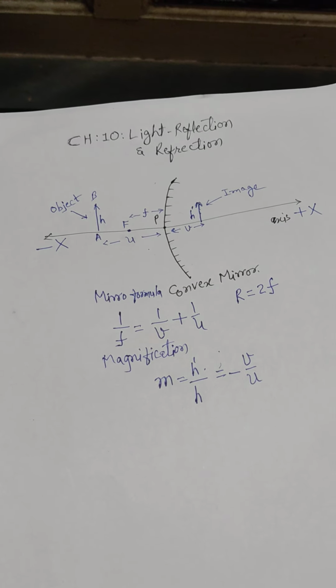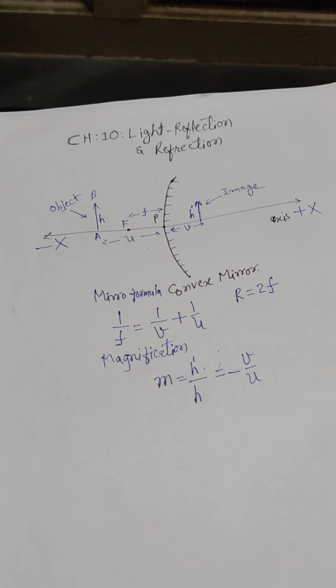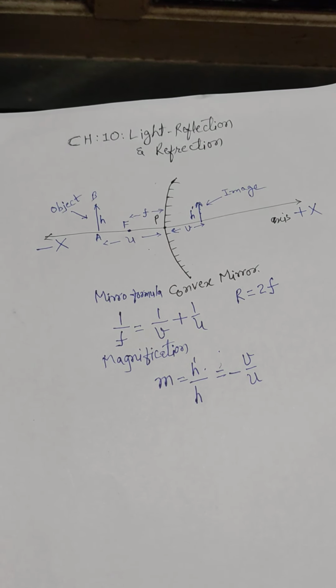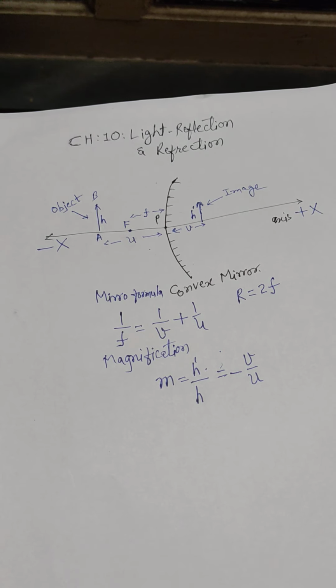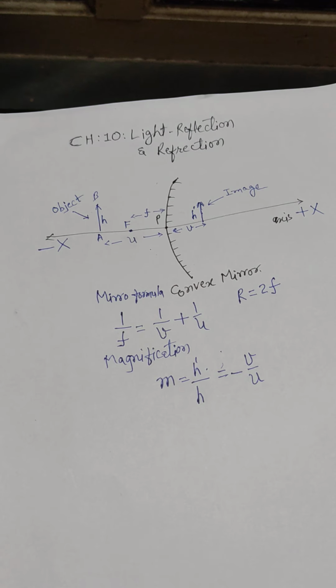Right? I remind you that the image distance v may be positive or negative, but object distance is always negative. If value of magnification is greater than 1, then image is enlarged.